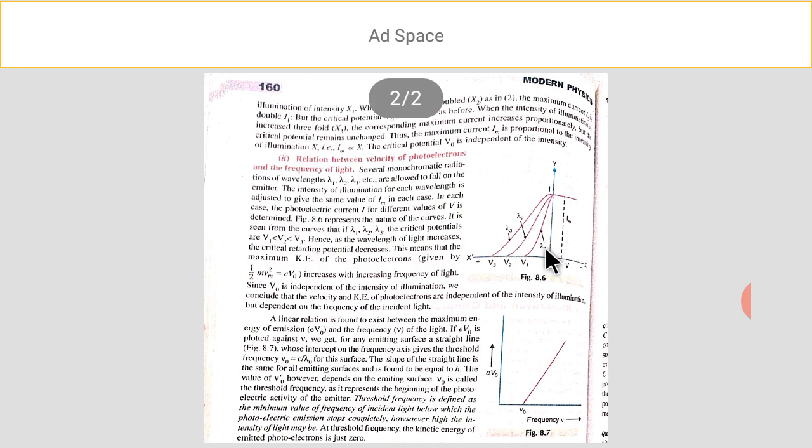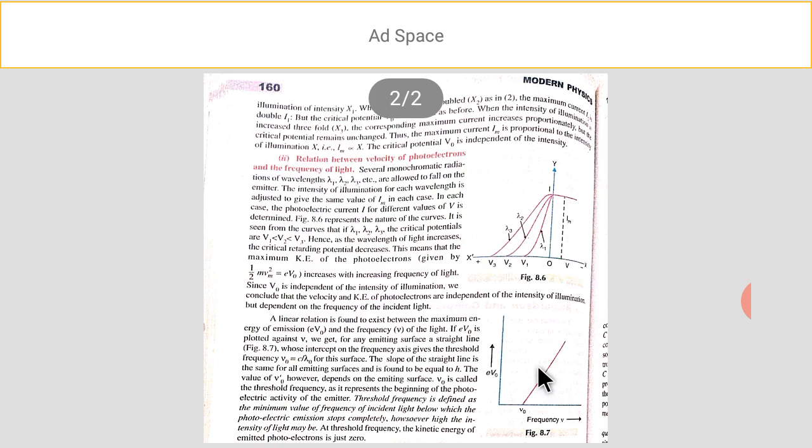When the wavelength increases, V1, V2 and V3 change. Hence as the wavelength of light increases, the critical retarding potential decreases. This means that the maximum kinetic energy of photoelectrons increases with increasing frequency of the light.